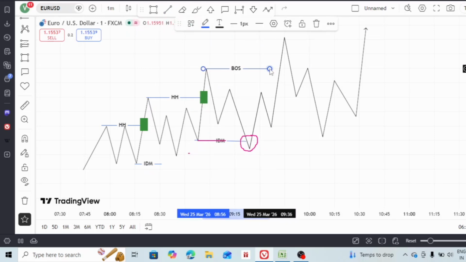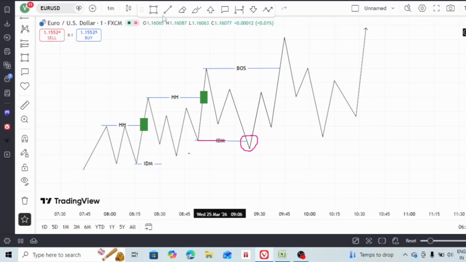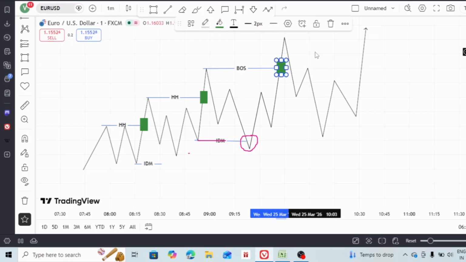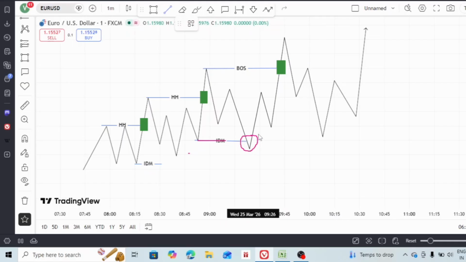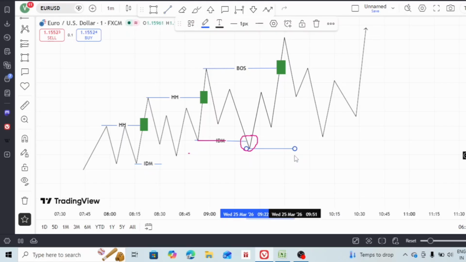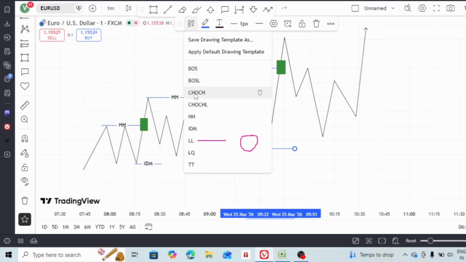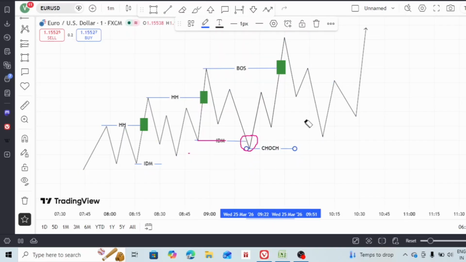It has to break with the body of the candle. If we break with the body, we have the confirmed break of structure. After the break of structure is confirmed, the lowest point where the inducement has been mitigated is here, right? So this will be our change of character level. So this is the complete structure of the uptrend.